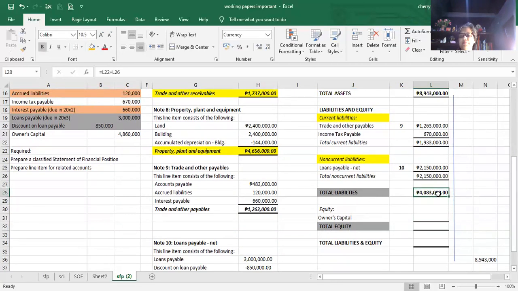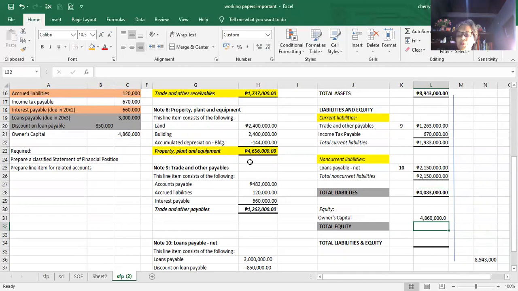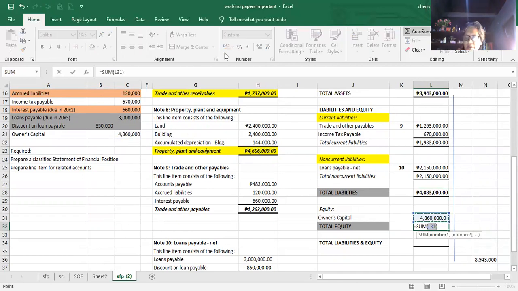Okay? Now, how about the owner's equity? Equals 4,860,000 per the data given. Okay, enter. Let us now compute the summation for the equity.